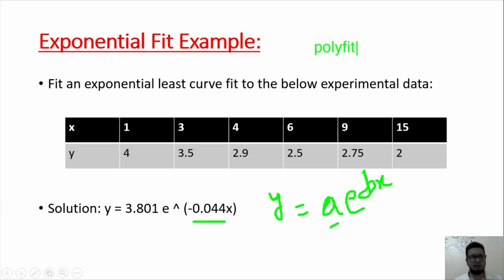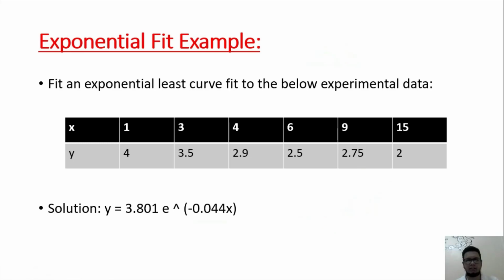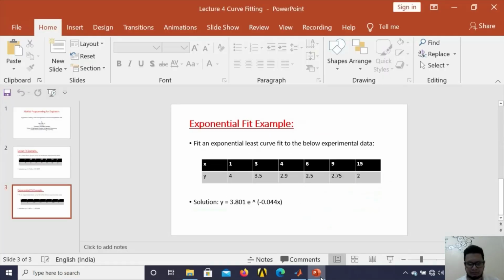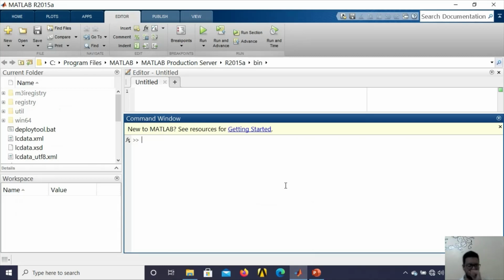In MATLAB, by using the polyfit function, you can find the values of a and b. So let's go to MATLAB and do the problem. Let's first fit the linear curve.